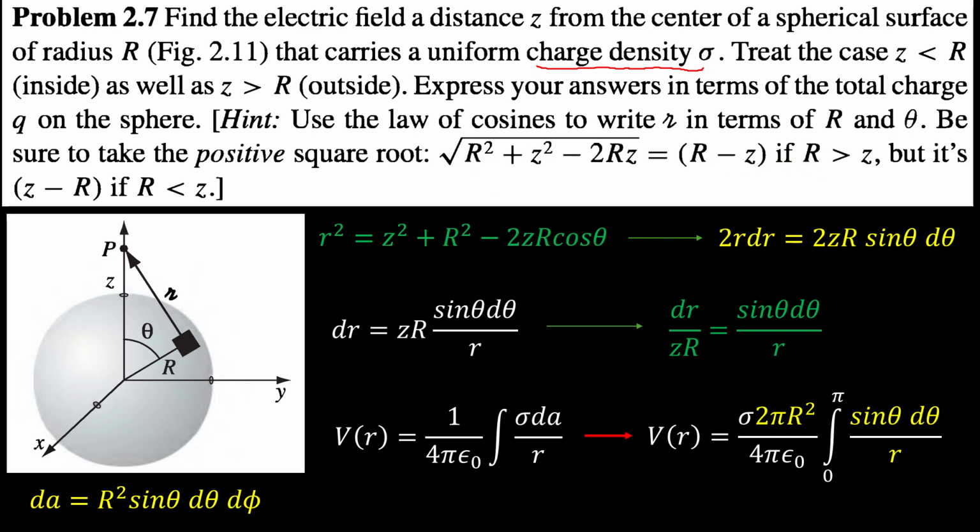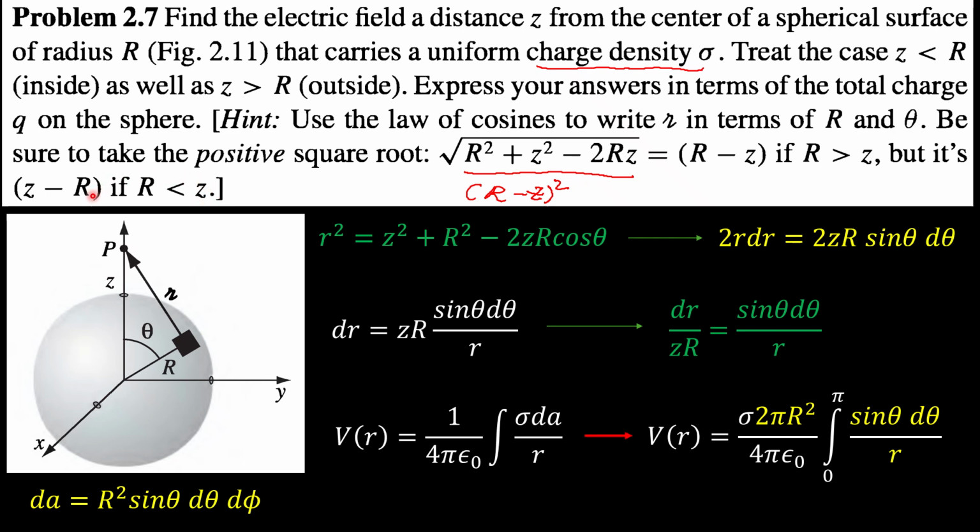It's very simple: the term inside the square root is equal to (R minus z) whole squared. If you take the square root, naturally you will get R minus z if R is greater than z, but it is z minus R if R is less than z.